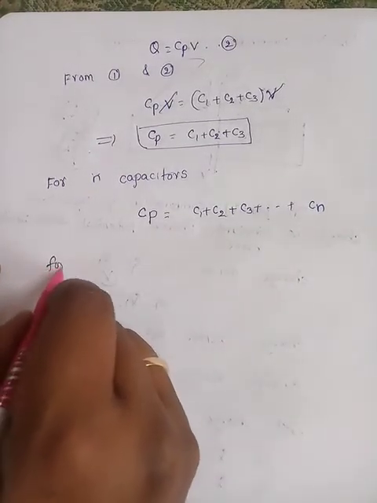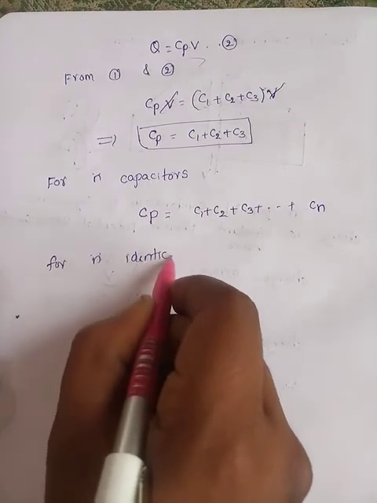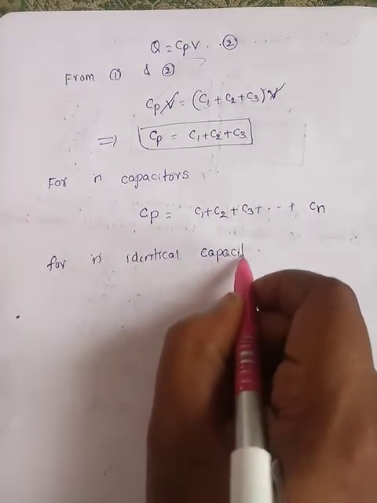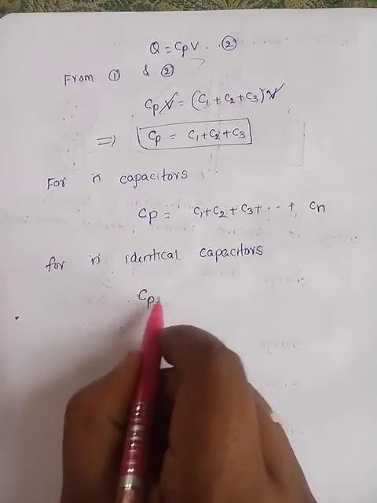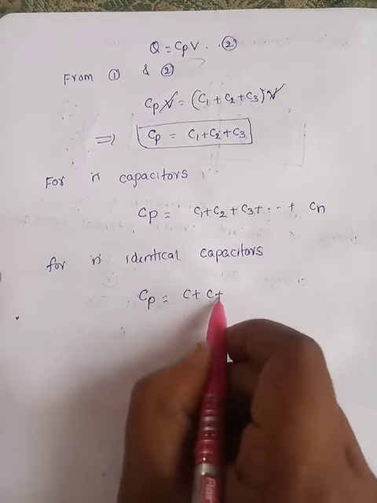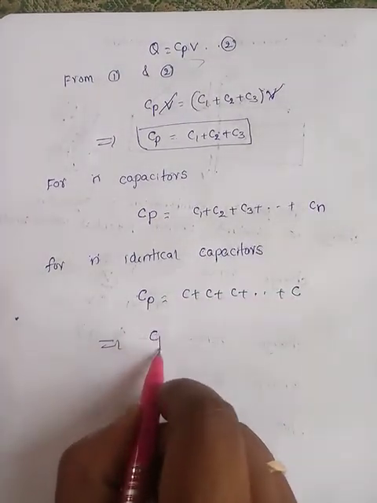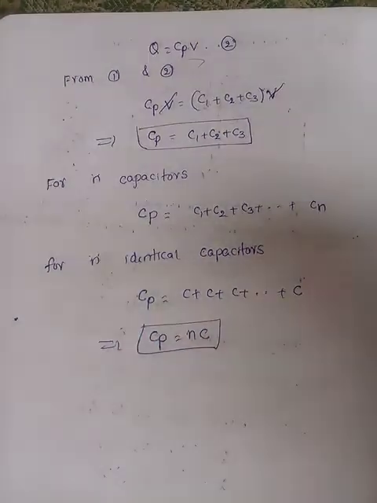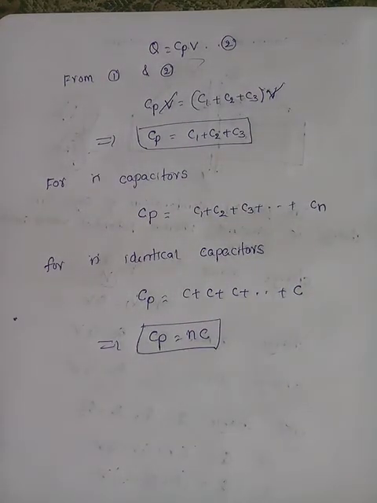For n identical capacitors, the formula can be written as Cp is equal to C plus C plus C and so on plus C. That implies Cp is equal to n into C. So the effective capacitance will be more in parallel combination.